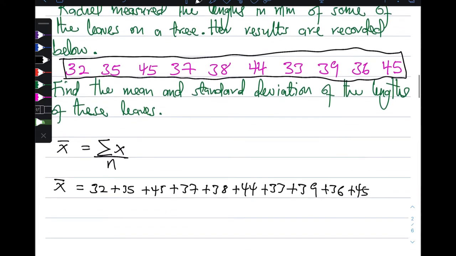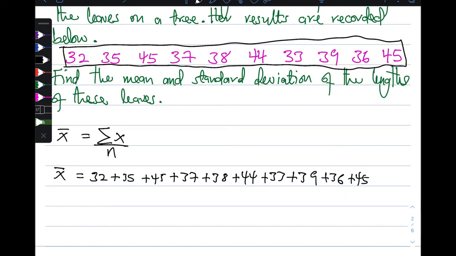Okay. Then the next thing that we do is that we are going to divide by the number of observations, and the number of observations are 1, 2, 3, 4, 5, 6, 7, 8, 9, 10. So we are going to divide by 10.